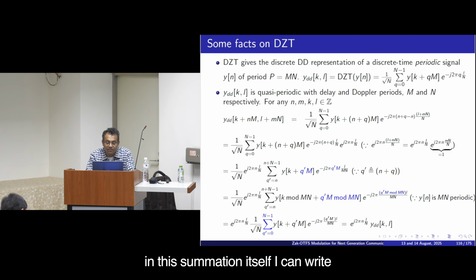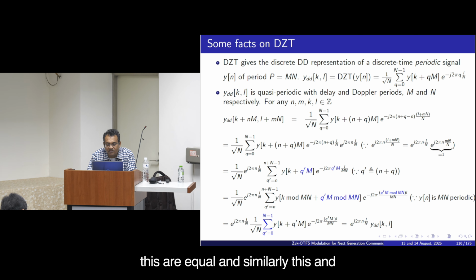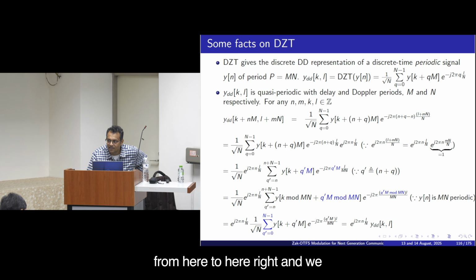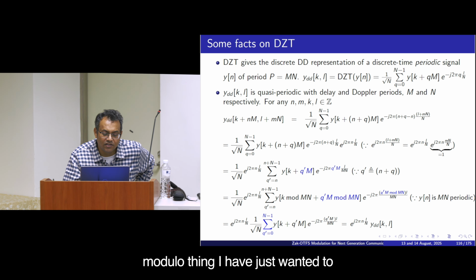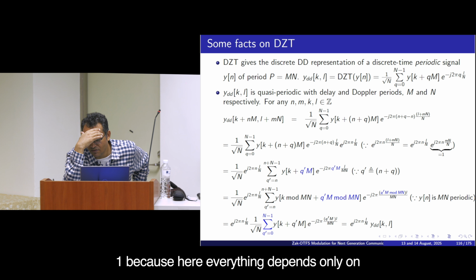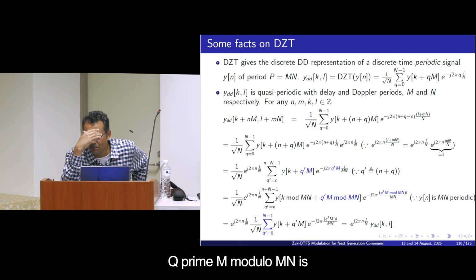You can take a small example and write it down and check it for yourself. So, in this summation itself I can write that this is from q prime equal to 0 to capital N minus 1, and of course this and this are equal, and similarly this and this are equal. That is how we came from here to here, and we can always go back. I just wanted to show you the modulo thing so that I can convince you that this summation can be changed back to 0 to capital N minus 1, because here everything depends only on q prime m modulo Mn.